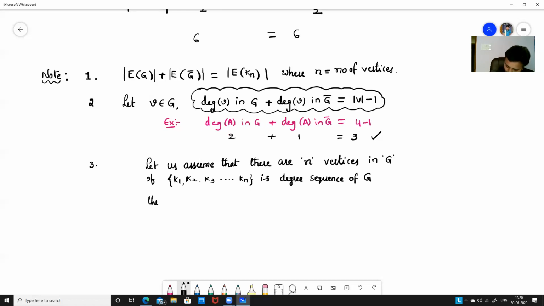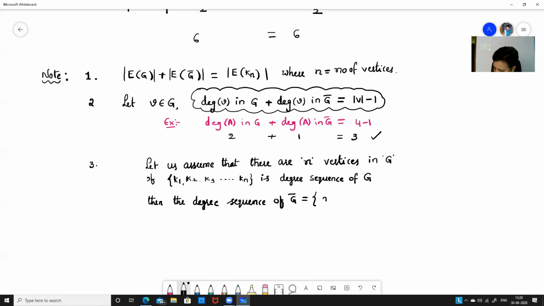Then the degree sequence of G bar is equal to, how to get the degree sequence of G bar? Total how many number of vertices are there? n vertices. If there are n vertices, each vertex has degree n minus 1 in the complete graph.